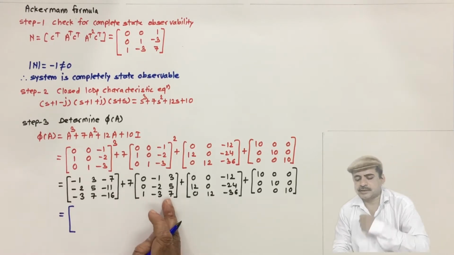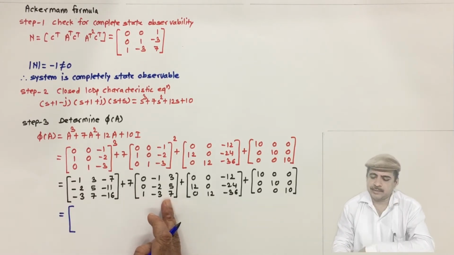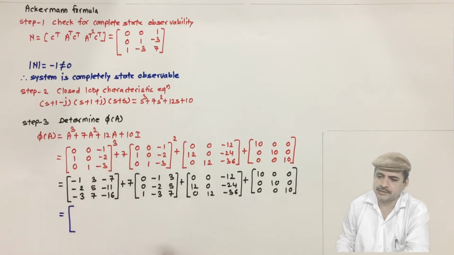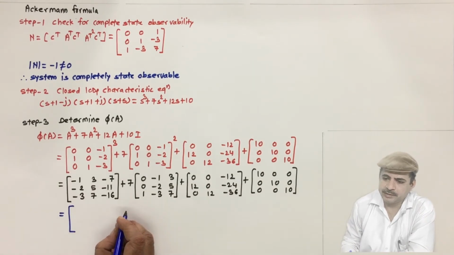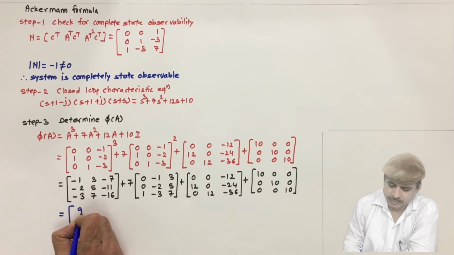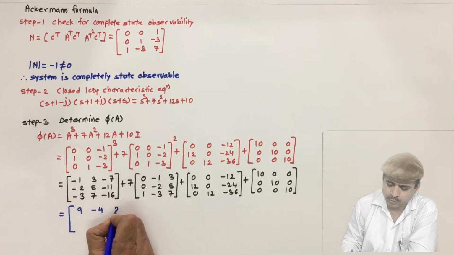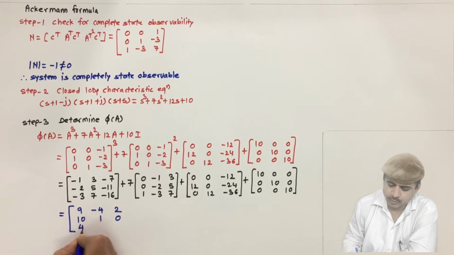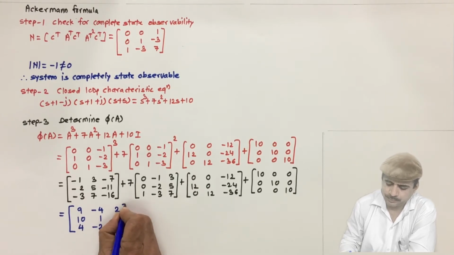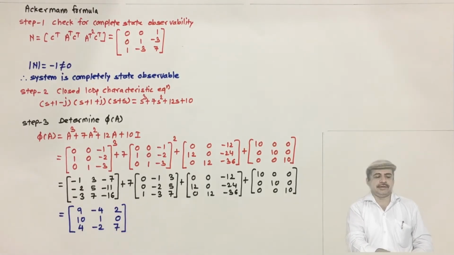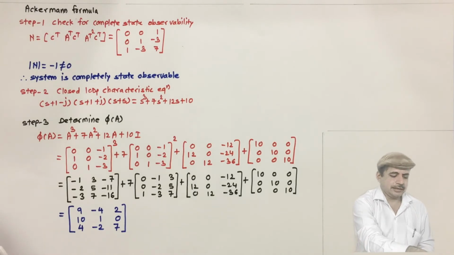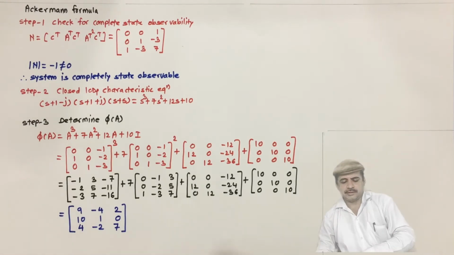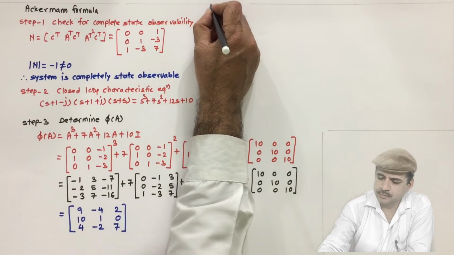Now multiply this individually with 7 and then do the addition. I have done this, and it comes to be 9 minus 4 2, 10 1 0, 4 minus 2 7. So this is phi of A.